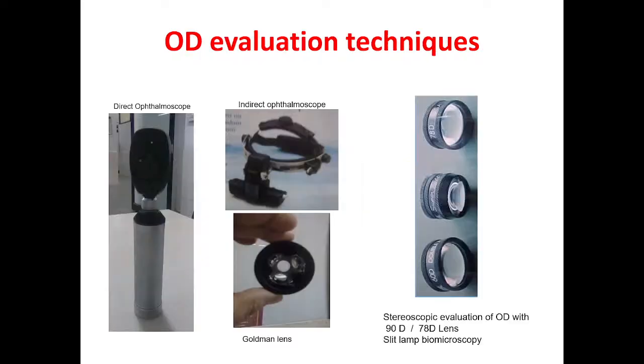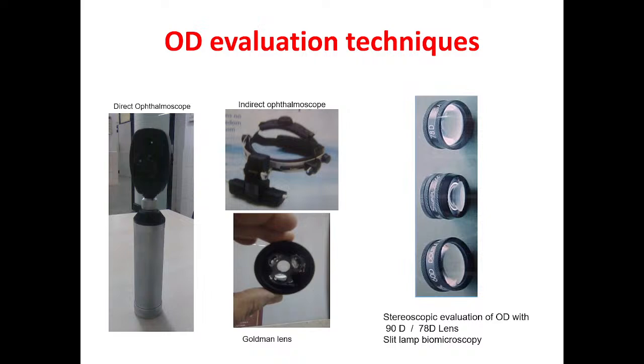Last time I told you. Okay. So, we can use a direct ophthalmoscope, we can use an indirect ophthalmoscope, we can use this lens also, Goldmann lens also, Zeiss lens can be used to see the disc, or these are the high power spherical lenses which are used on the slit lamp for disc evaluation, known as slit lamp biomicroscopy. So, last time I told which is the ideal technique to evaluate the disc in glaucoma?